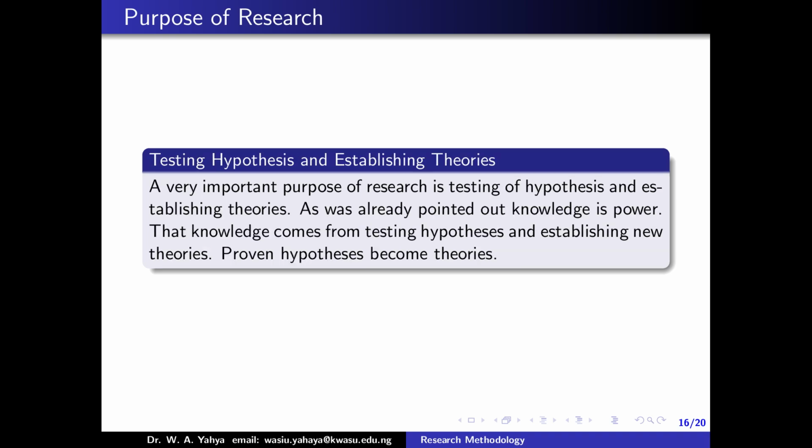Then testing hypotheses and establishing theories. One may also carry out research, let's say there is an established theory. One may want to prove if the theory is still valid, maybe apply it to another data. For example, in nuclear physics, many of the theories that have been proposed focused on stable nuclei.